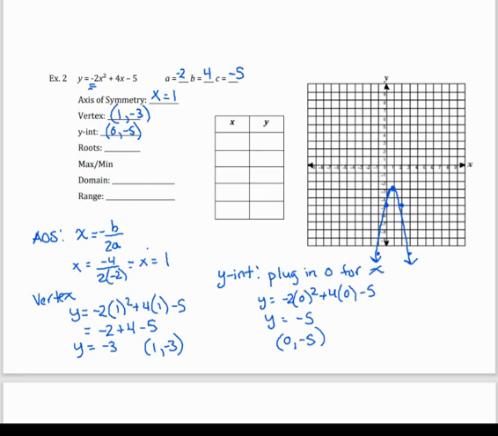If you are not comfortable still with those transformations, then the table is there for you to figure out additional points. So I always put the vertex right in the middle, and then because we're symmetric, I find a point on each side. So for example, if I use 1, I'm now going to test 2 and 3. And because 2 is 1 unit away, I know 0 is also 1 unit away.